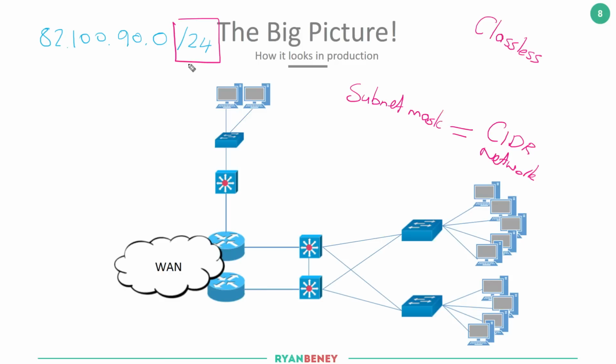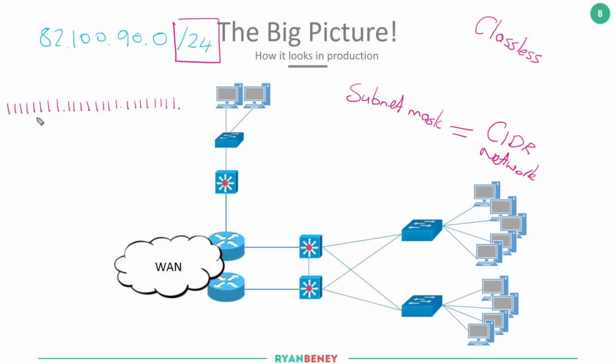So first things first, let's figure out the subnet mask of the /24 that we were given from our supplier. In order to do that, we need to turn on 24 out of the 32 available bits. So going from left to right, let's turn them on. 1, 2, 3, 4, 5, 6, 7, 8. Dot. 1, 2, 3, 4, 5, 6, 7, 8. Dot. 1, 2, 3, 4, 5, 6, 7, 8.